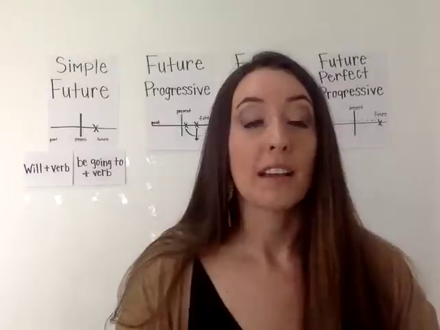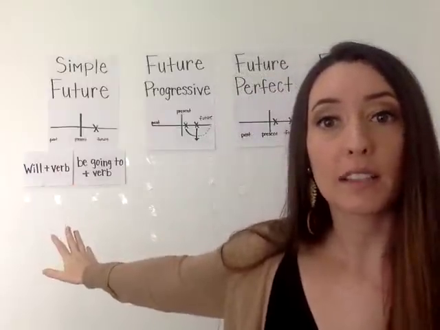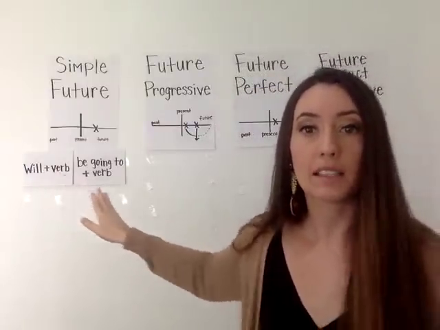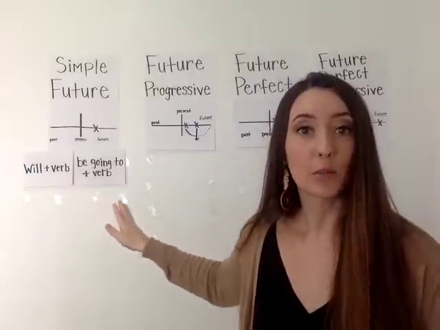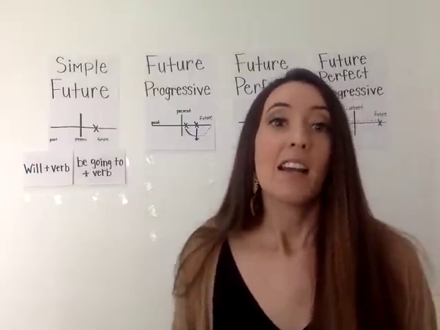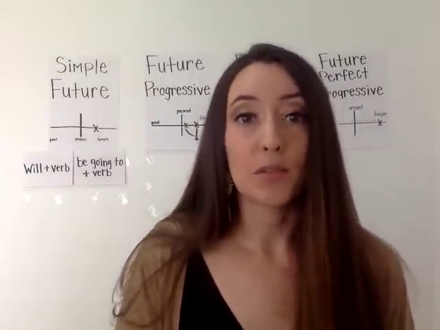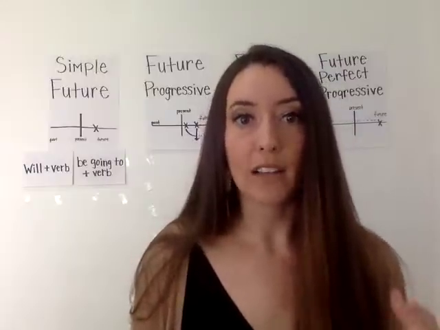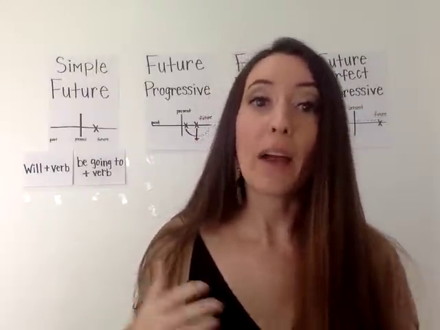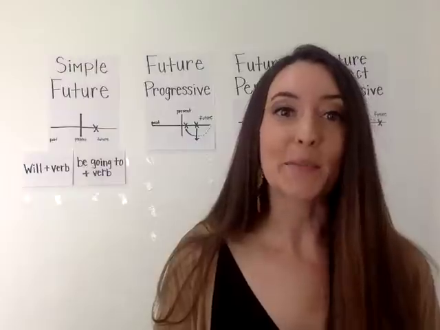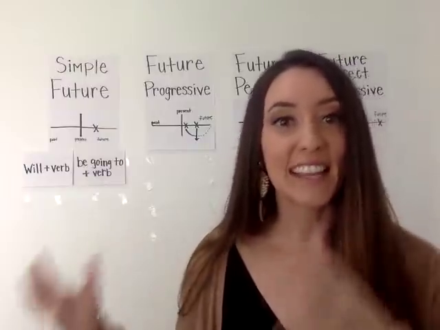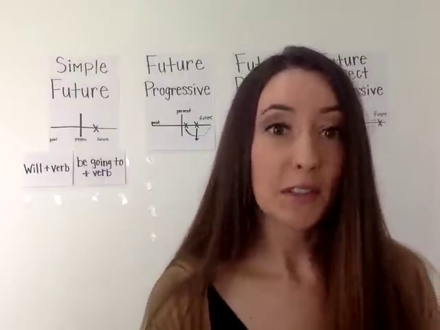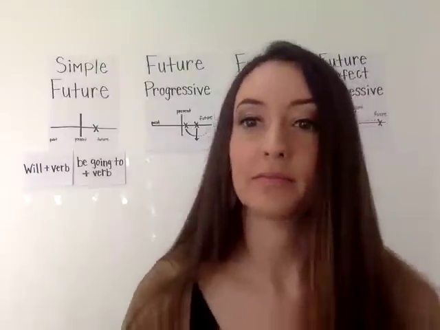Okay, so now we've covered the two ways to express simple future. Will plus the verb, be going to plus the verb, okay? Many times, like I stated before, both of these are correct to use in a sentence. However, sometimes it's better to use one instead of the other. So let's talk about this.